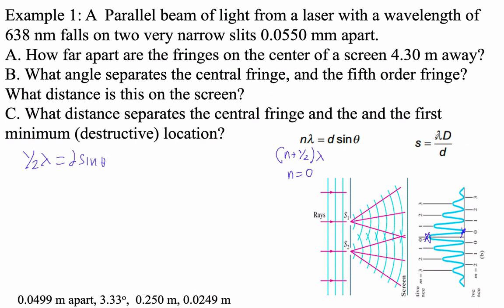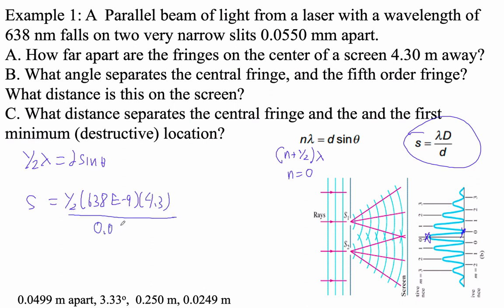Could I just do a half there? I bet I could. Let's do that. I'm going to do this guy. S is 1/2, because we know it's going to work for half a wavelength. Instead of a whole wavelength, a half a wavelength. Half 638 e minus 9, times d, which is 4.3, divided by 0.055 e minus 3.